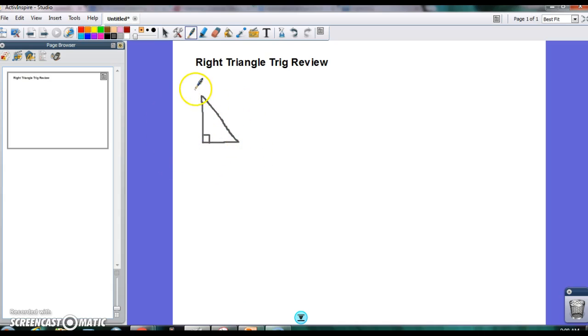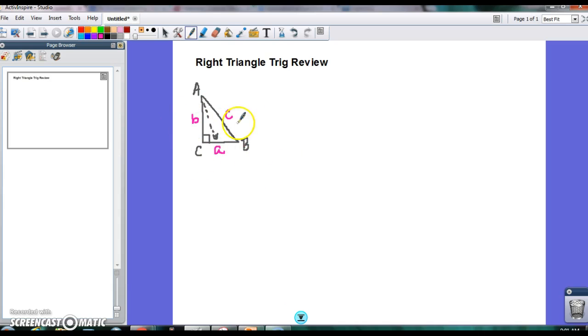When we name a triangle, we name the vertices with capital letters and the sides with lowercase letters, and the side across from a vertex is labeled with the same letter. Since this vertex has a capital A, the side across from it, down here, would be lowercase a. This would be lowercase b, and this would be lowercase c.